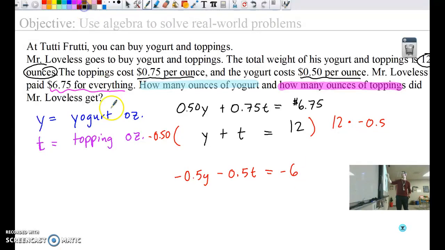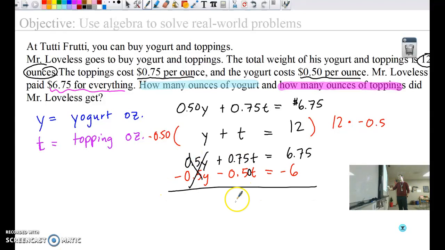If I stack the original equation back on top of it, I have 0.50Y plus 0.75T equals 6.75. Don't forget there's a 0 there. So when I add these together, the Y goes away. 75 cents minus 50 cents is 25 cents T. Toppings: 6.75 minus 6 is just 75 cents.